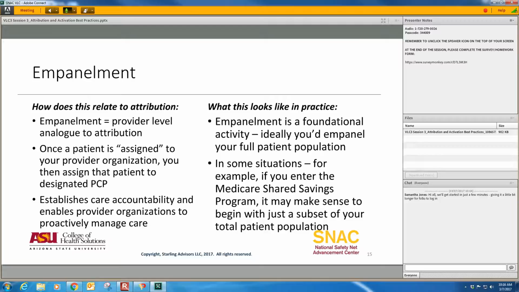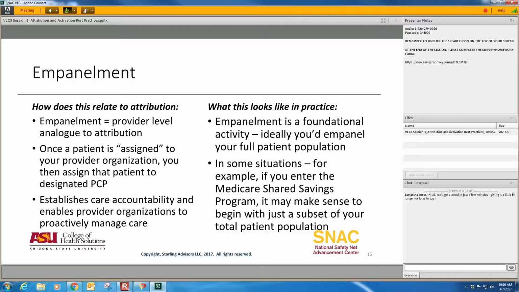And how is this related to attribution? So empanelment is a way to think about the provider level analog to attribution. So payers are matching patients to certain providers, and within your practice, empanelment is the tool that you have to match your patients to a certain provider.